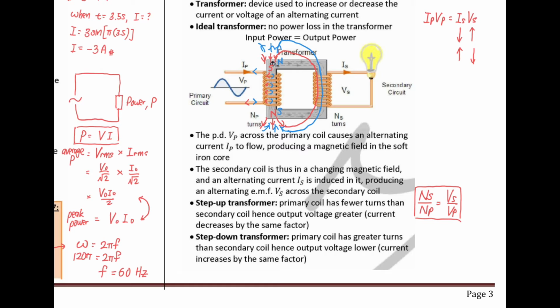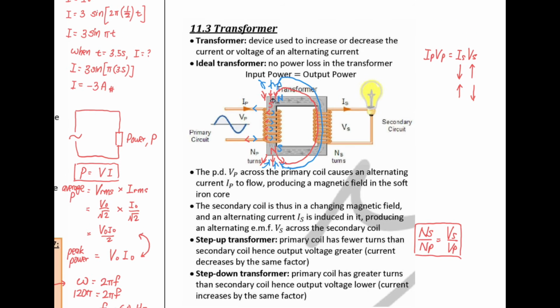And the other thing the information here mentioned is that the output voltage is greater, VS is greater, but the current will decrease by the same factor. So how it works, imagine that we have this formula, IPVP equal to ISVS.